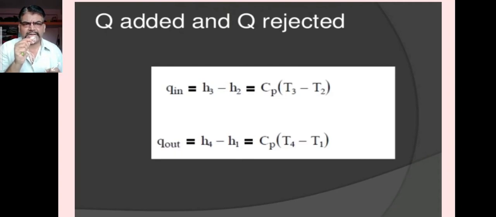By the standard it can be written as mCp (higher temperature minus lower temperature), that means Cp (T3 minus T2) if the mass is considered as 1 kg of air. And Q out, that is when we consider the last process, process 4 to 1, the higher enthalpy minus lower enthalpy, it means H4 minus H1, that is mCp (higher temperature minus lower temperature).